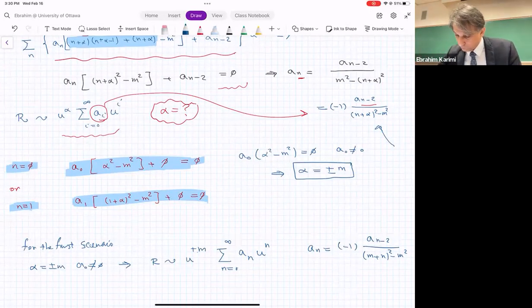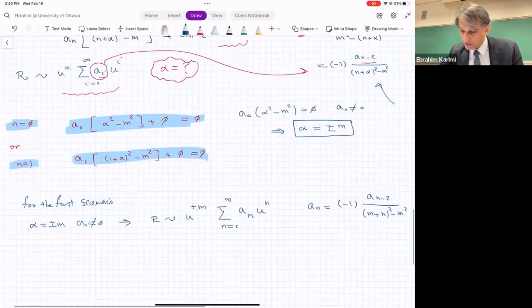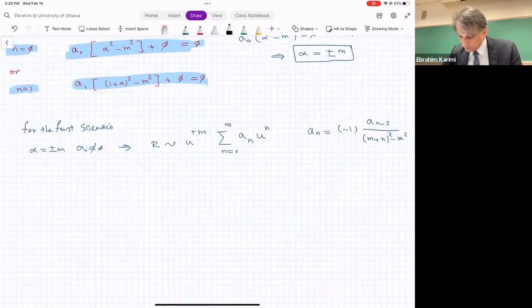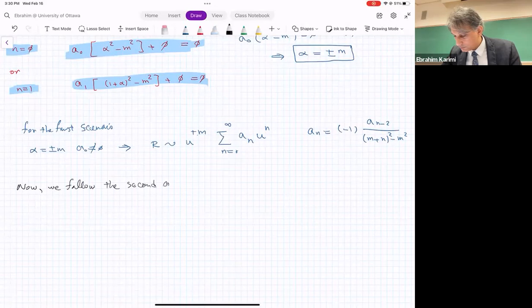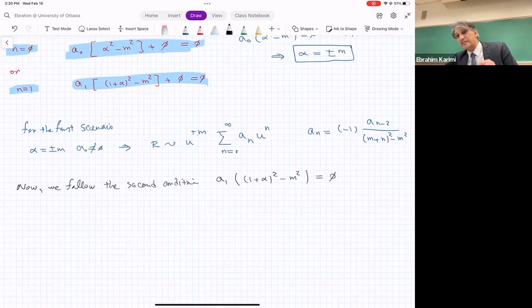Look. Now we are following the second expression. Now we follow the second condition. What is the second condition? A1 times 1 plus alpha squared minus m squared equal to 0. We say that from the first one, the coefficient is 0. I don't care. Okay? What you will see here, definitely, if you go with the second expression, A1 should not be equal to 0.